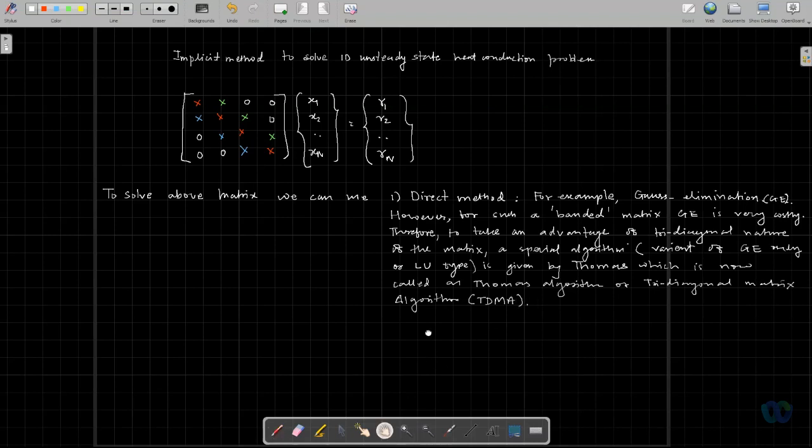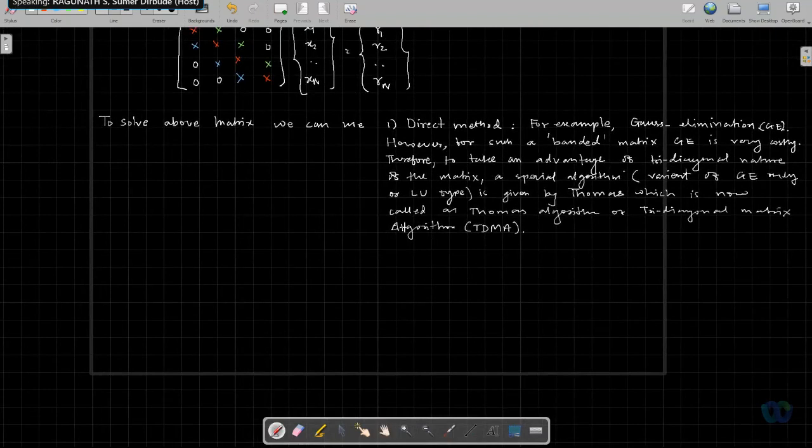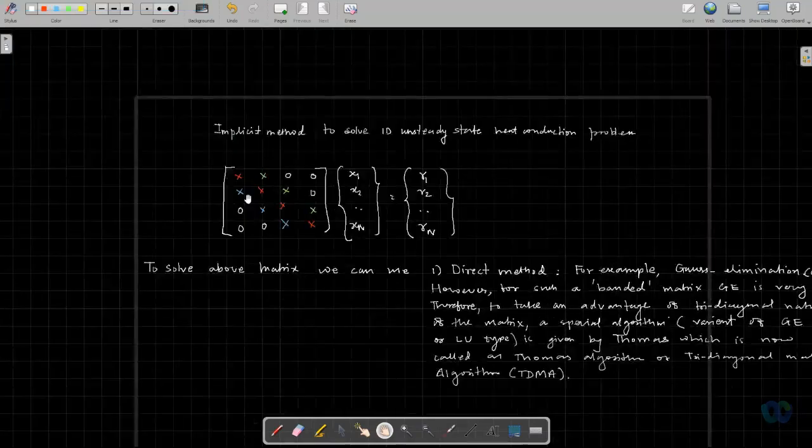Sir, what do you mean by banded matrix? This type of matrix, having some structure, is called a banded matrix.